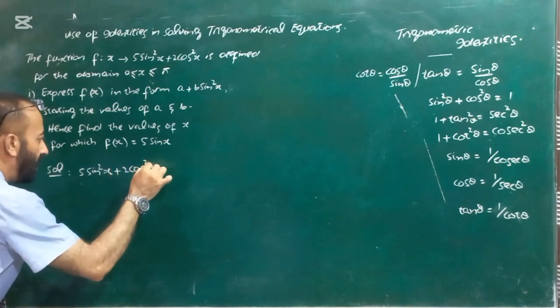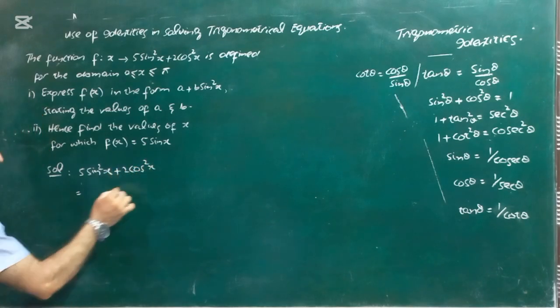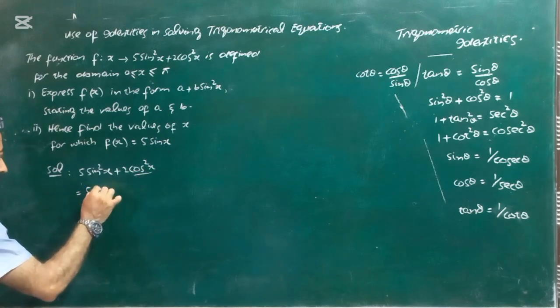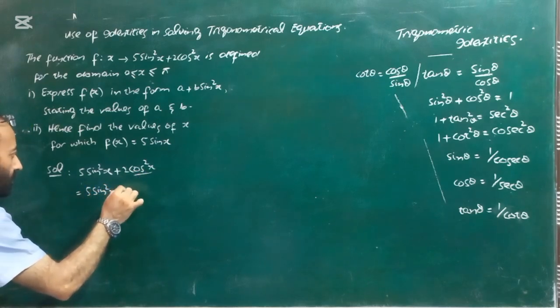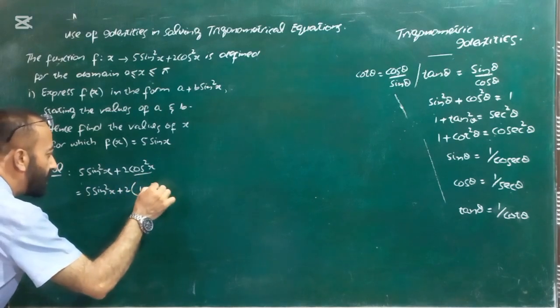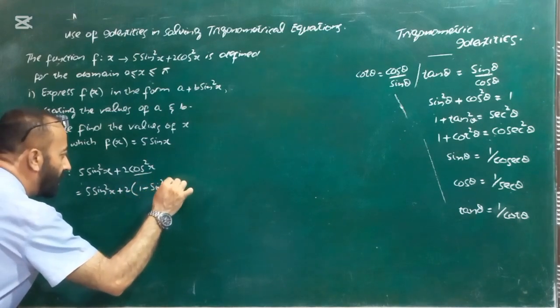So this is the question. So now we are putting cos square x is equal to 1 minus sine square x.